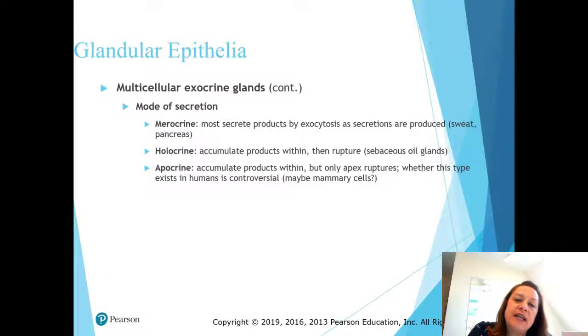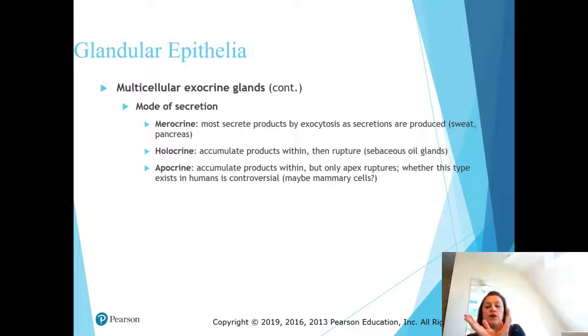So how do these multicellular exocrine glands secrete? We have what's called merocrine, holocrine, and apocrine, different types of glands. Exocytosis are merocrine. If we're going to rupture the cell and spill the contents out, that's called holocrine. And then apocrine, we're going to accumulate the products, but we only sort of rupture the top, or the apex, actually, that'd be the bottom.